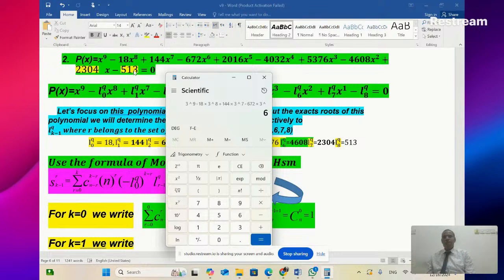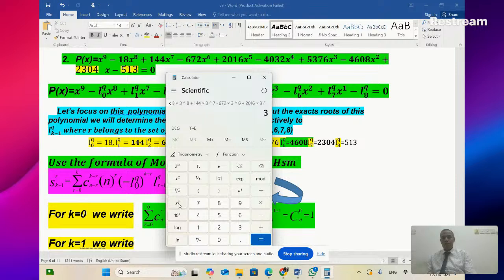We go step by step. Plus 2016 multiplied by 3 raised to the power 5.